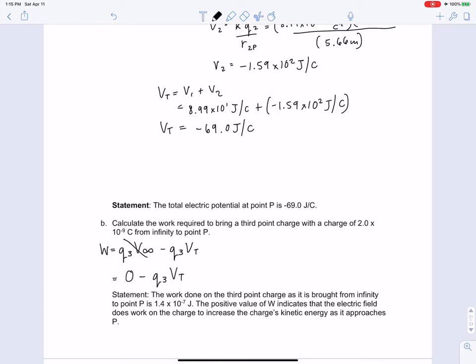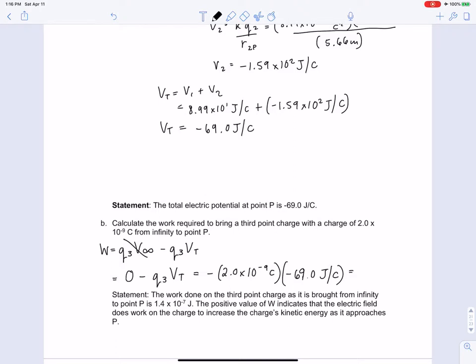We can find the work done simply by multiplying the charge, which is 2.0 times 10 to the power of negative 9 coulombs, times a total electric potential of 69 joules per coulomb.